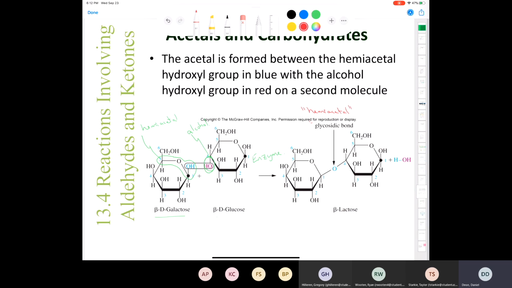And if you're wondering how you know it's an acetal, let's look at carbon number 1 here. You see that you have carbon, oxygen, carbon, like an ether there. And then you also have carbon, oxygen, carbon here. So it's like you have 2 ethers on that particular carbon. And so beta lactose has an acetal, and we call the bond with that acetal in it the glycosidic bond, okay?